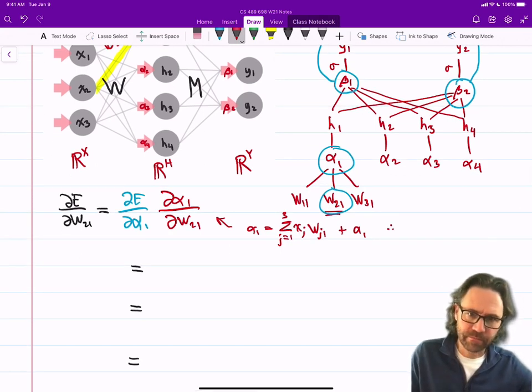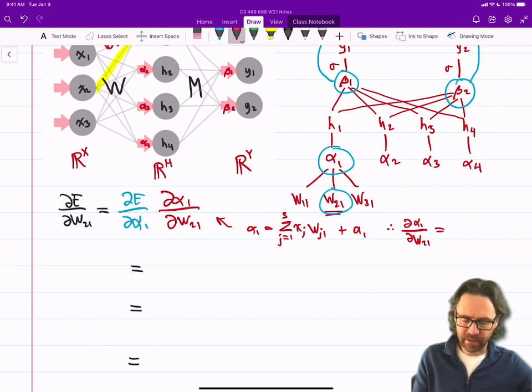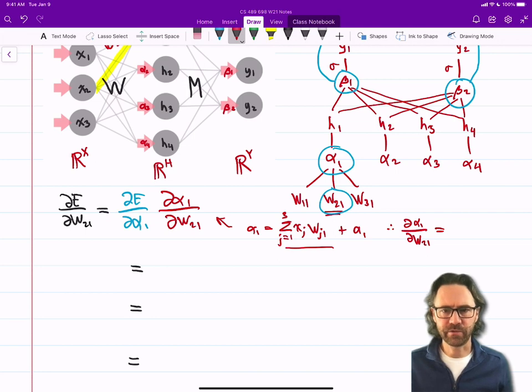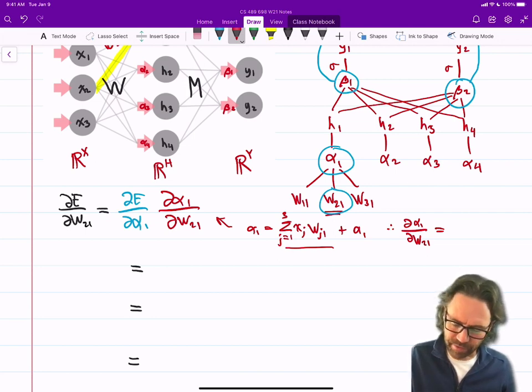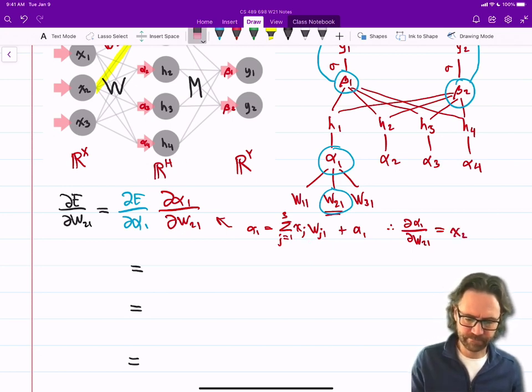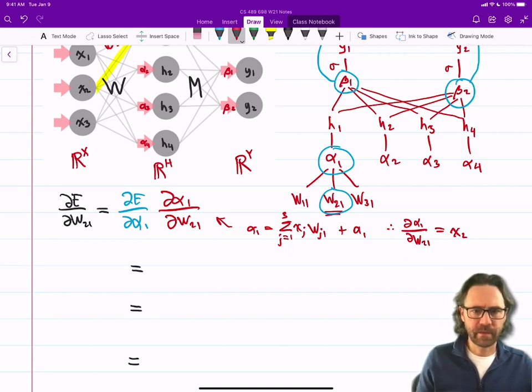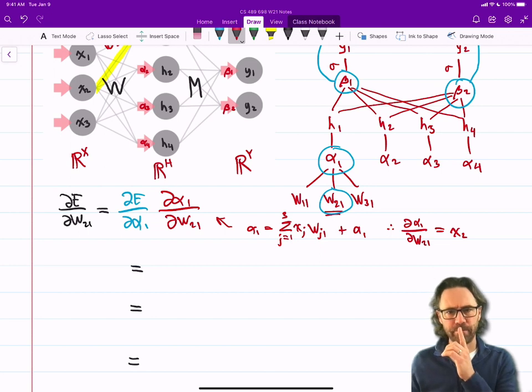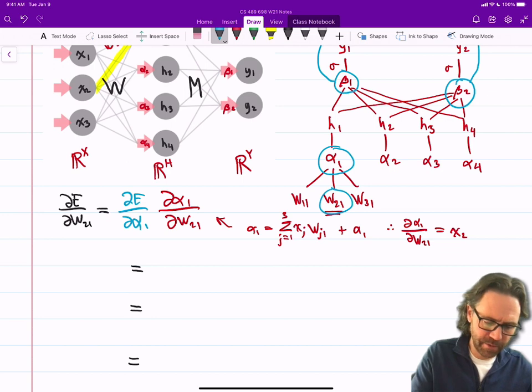Therefore, ∂alpha 1/∂W21 just depends on the one term in that sum where the index j is 2. So it's W21, what we're taking the derivative with respect to, so we get x2. Okay, we'll use that later.